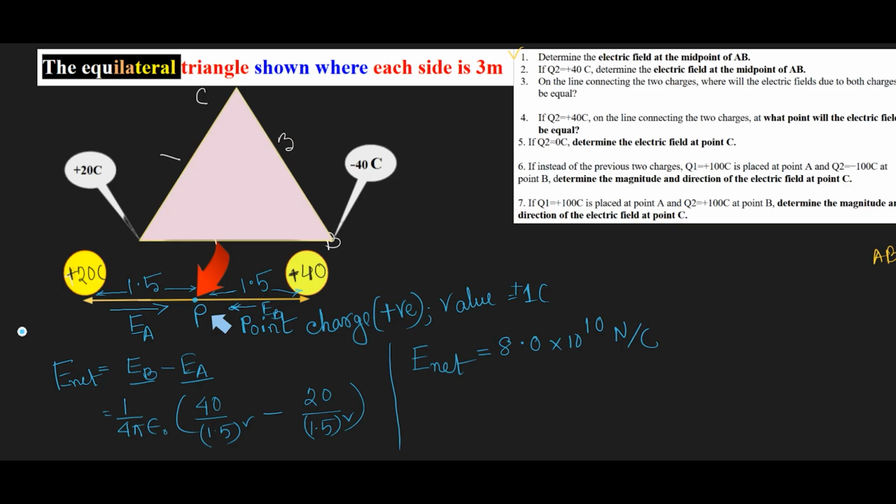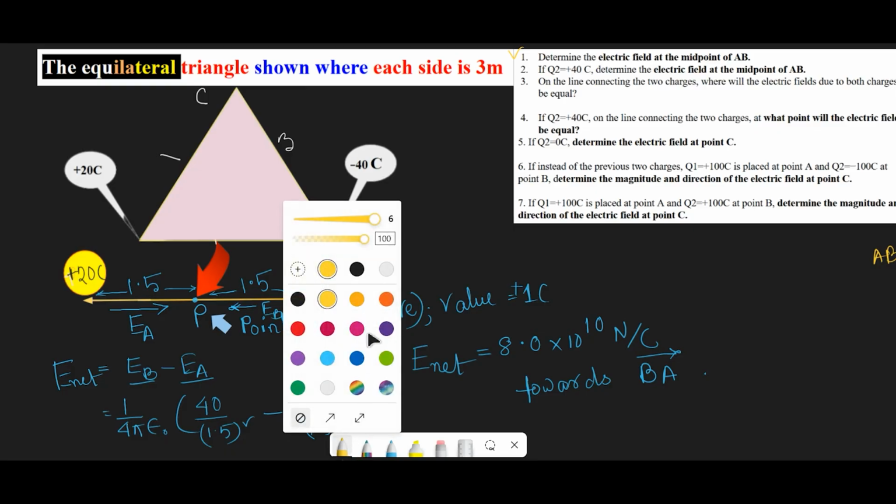And obviously the direction will be towards BA, because this EB is larger compared to EA. That's why let's change the color of the pen. So we could choose white. Okay, so the total electric field will be in this direction. So this is B and this is A.